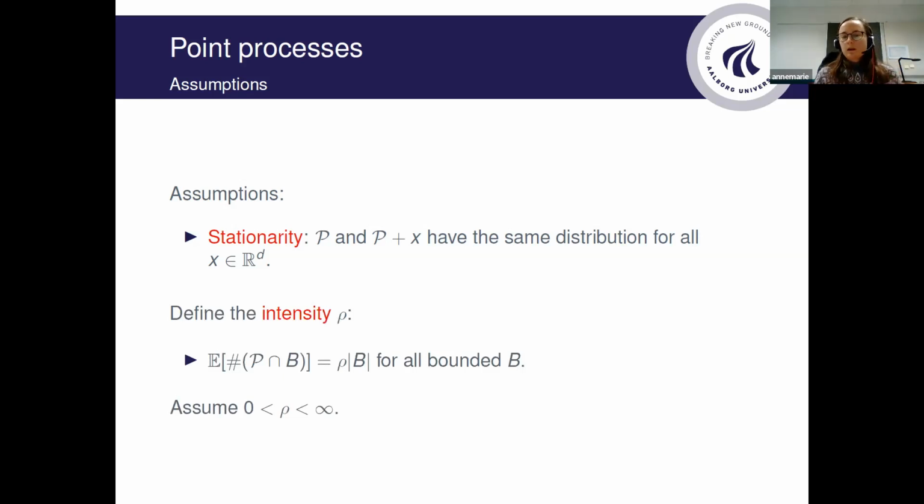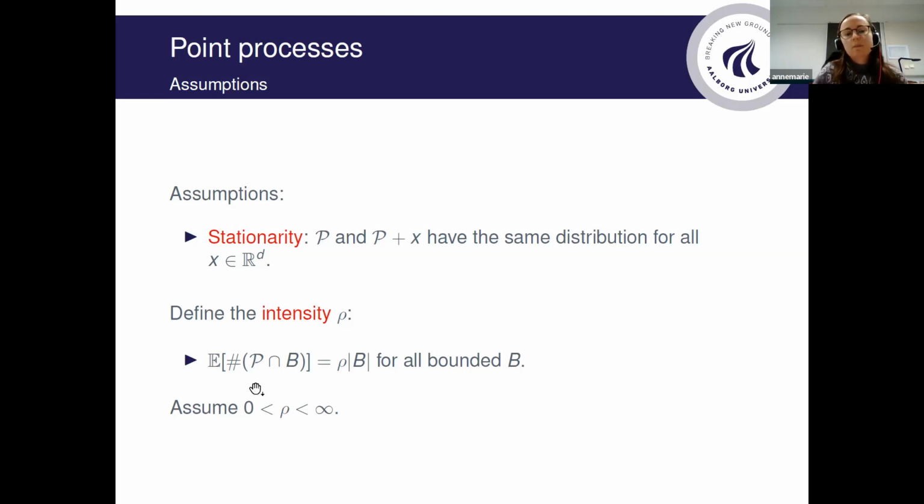And when we have stationarity, we can talk about the intensity. So if you look again at a bounded set B, and you count how many points there are inside B and take the expected value of that, so the expected number of points inside B, well, if you have stationarity, then this will just be a multiple of the Lebesgue measure of the set, and this multiple rho is what we call the intensity.